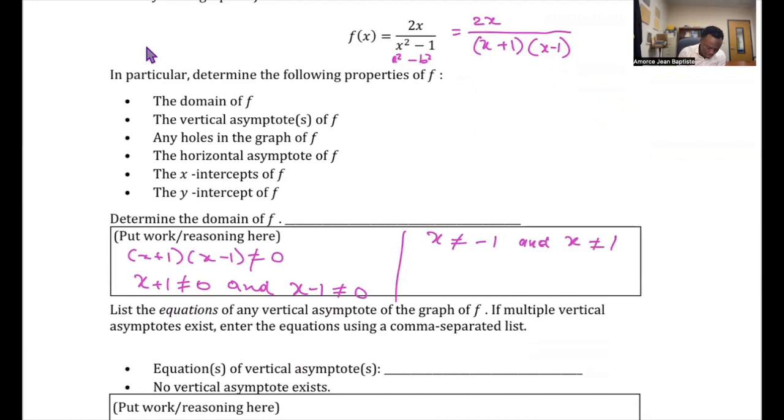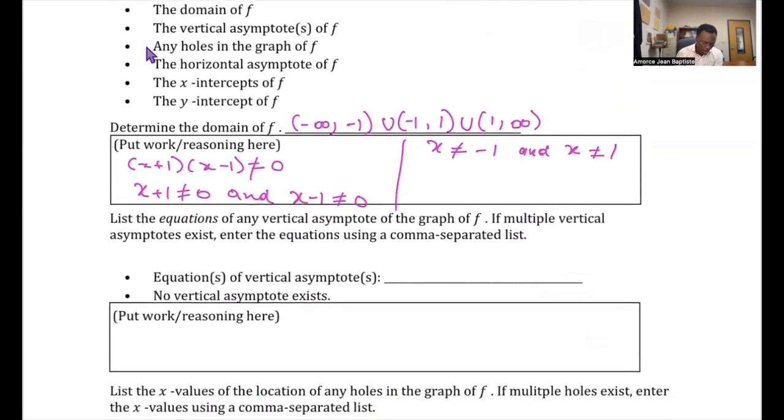So your domain will be from negative infinity to -1, union from -1 to 1, and then from 1 to infinity. That's your domain.